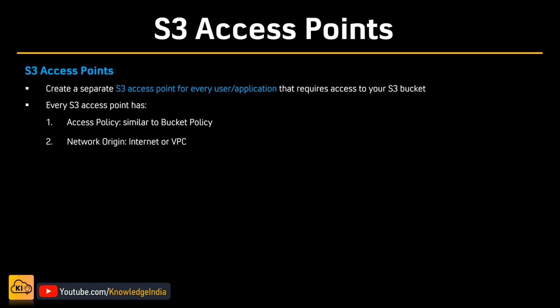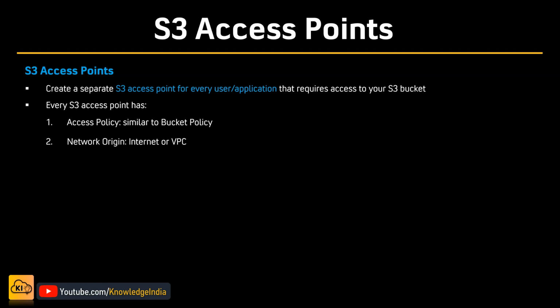Next thing is you can set up the property at the access point level, which is called network origin, which means whether this access point would be accessible from internet or from a particular VPC. So you can go ahead and tie it down to a particular VPC as well. So you may have seen that many times we have a requirement that a particular bucket should be accessible only from a VPC, right?